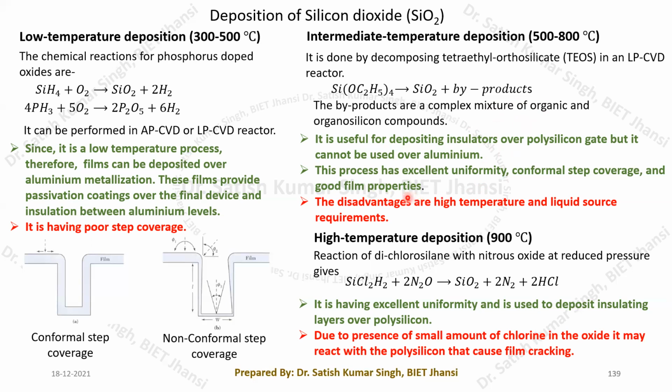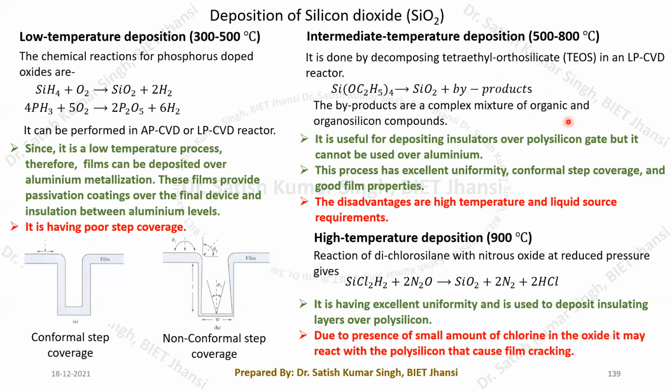Here you can see this temperature is now ranging from 500 to 800 degrees centigrade. Basically, if the temperature is more than 600 degrees centigrade, your aluminum stability is going to be affected. You remember that.